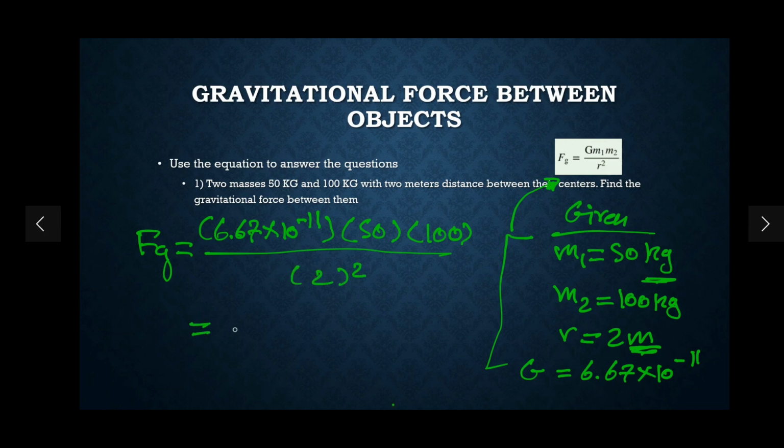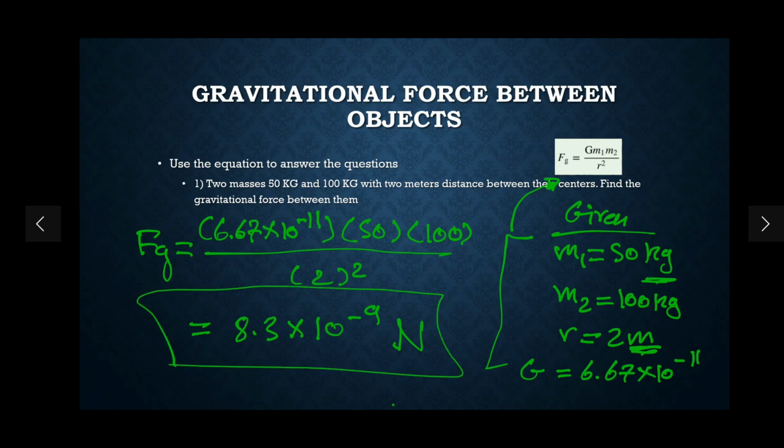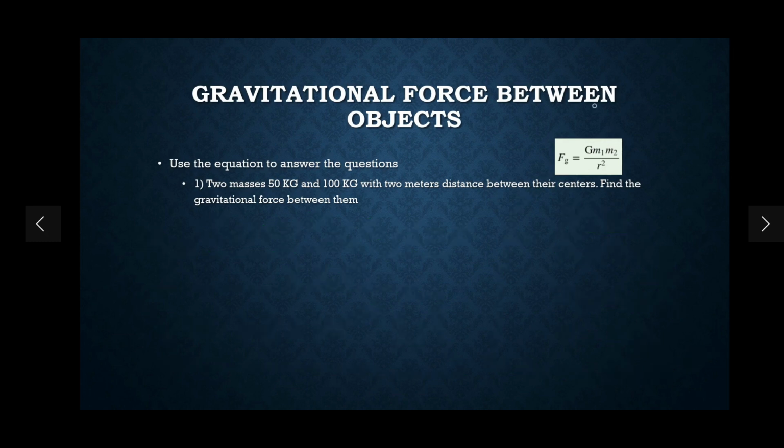We get 8.3 times 10 to the power of negative 9 newtons. Even though this force is very small, it still shows that gravitational force exists even in the smallest amounts between two objects. Let's go to the second example.